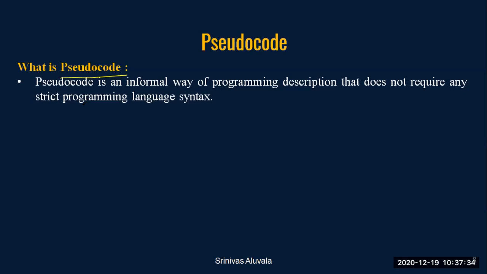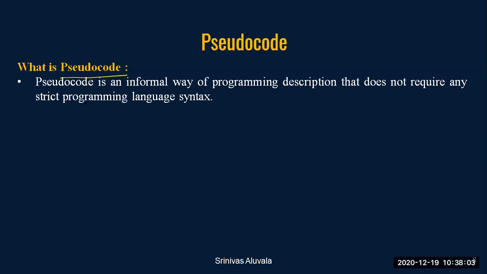When we move to a programming language, every language says you are supposed to use this: a semicolon to end, a keyword to define something, a header file to define something. Such kinds of restrictions will not be there in writing a pseudocode. That's the reason why we call a pseudocode an informal way of programming description.